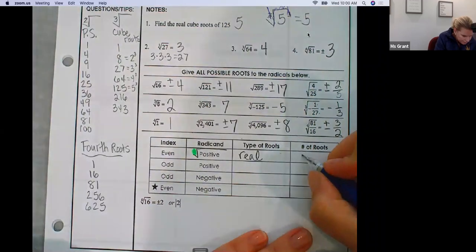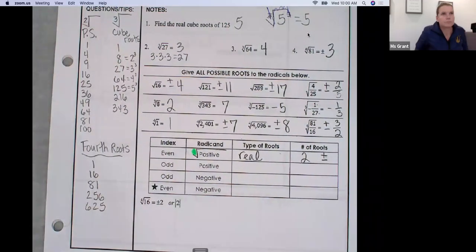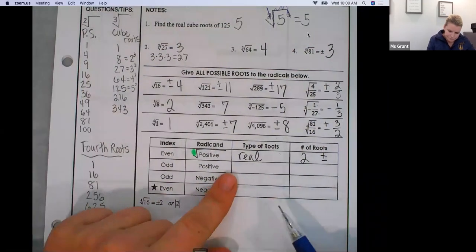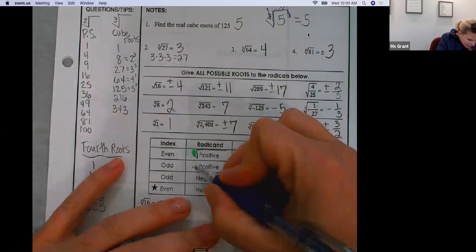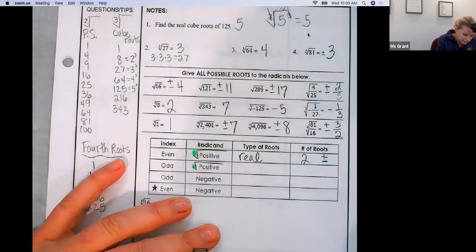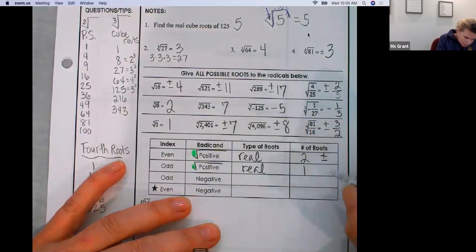And there's going to be 2 of them, a plus and a minus. Odd. If I have a positive number underneath, but it's like a third root or something, then that's also real. There's going to be 1 root, and it's only going to be positive.